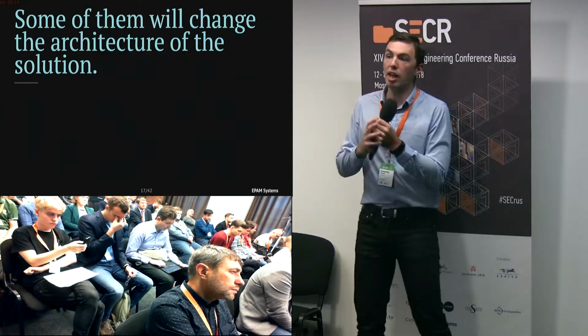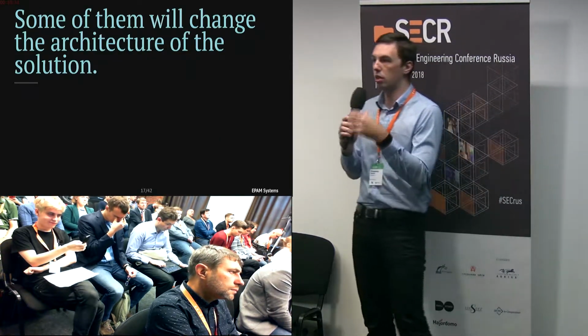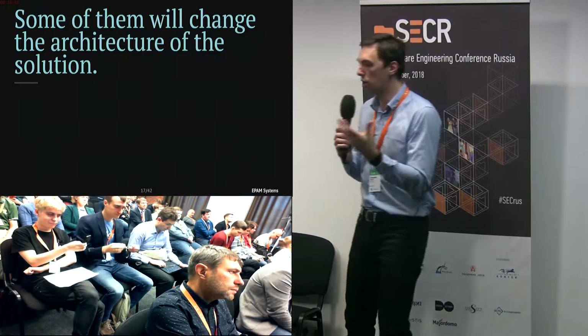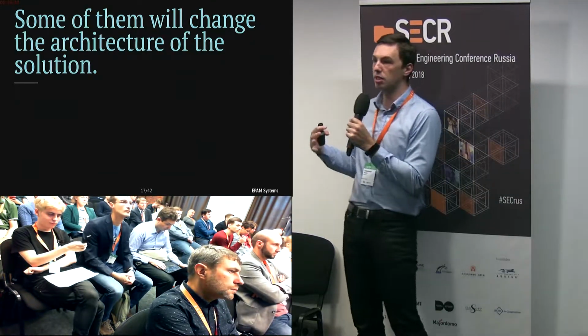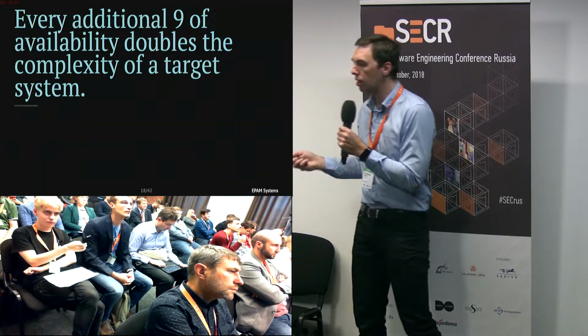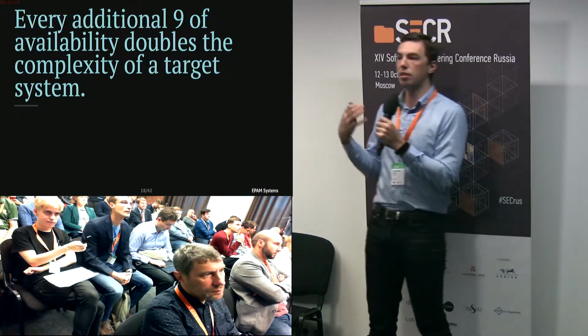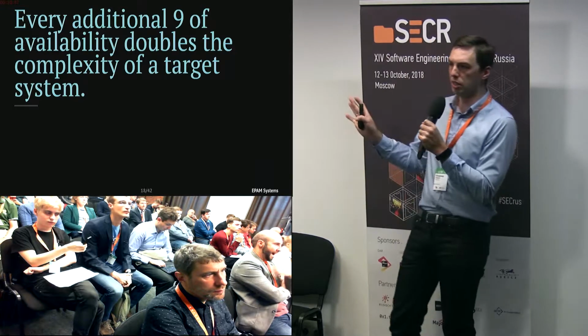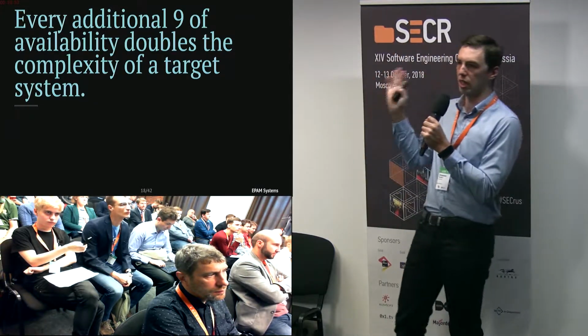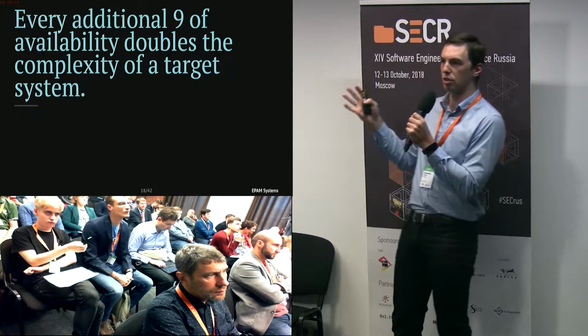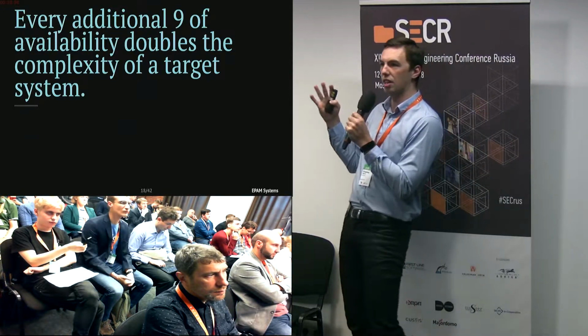Okay, why are those requirements important? Why do we talk about them so much? Because some of them will change the architecture a lot, and that means that will change the cost a lot. For example, if you have an availability requirement, and availability is usually given in some number of nines, for example, 99.9 or 99.95, or 99.99999.